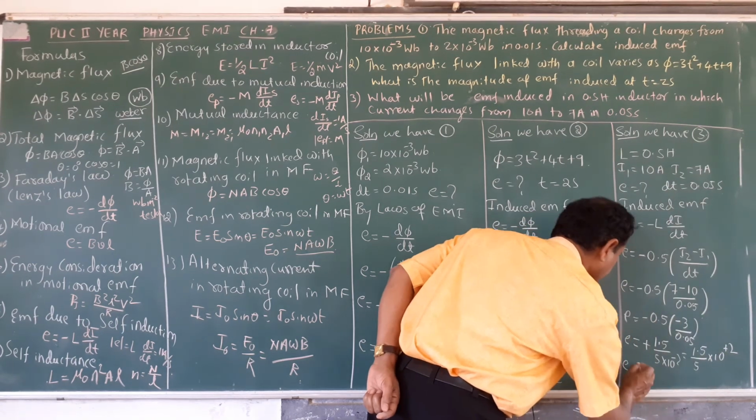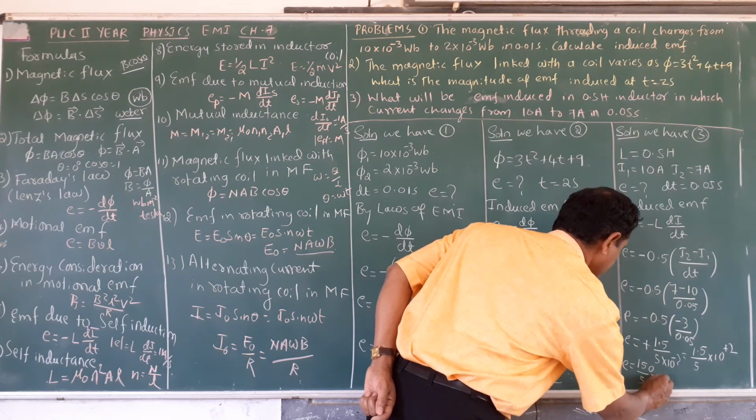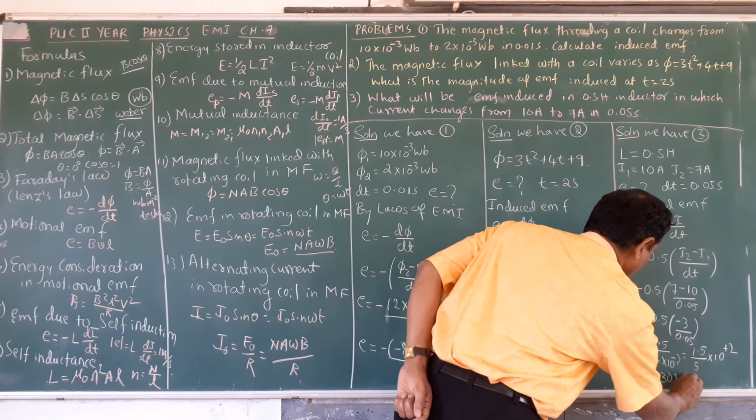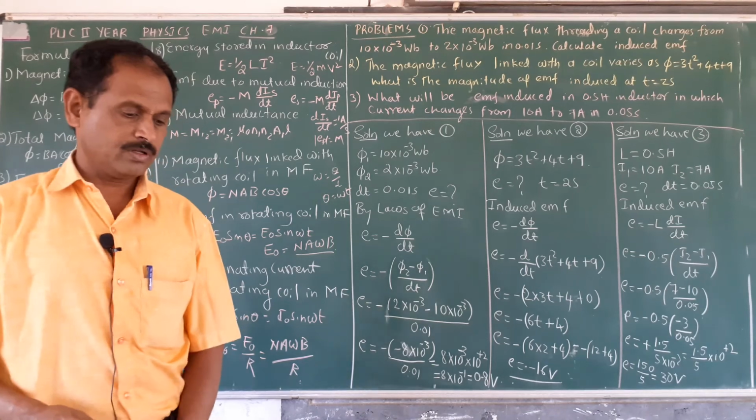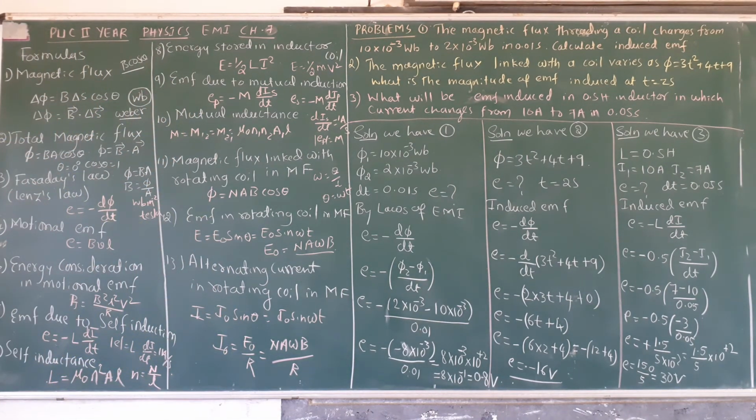It becomes 150 divided by 5, which is 30 volt. You got the answer here, 30 volts. Like that you have to solve the problems.